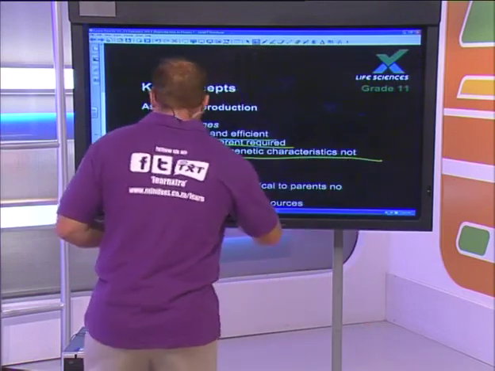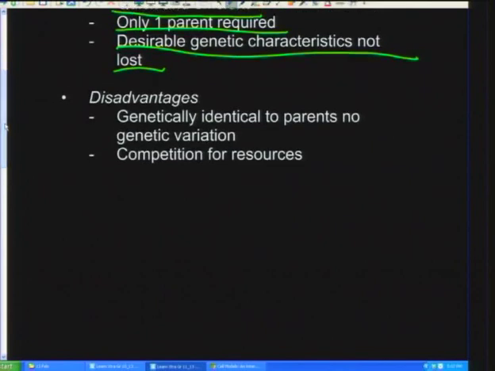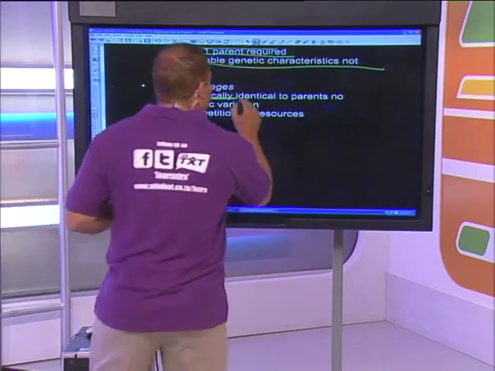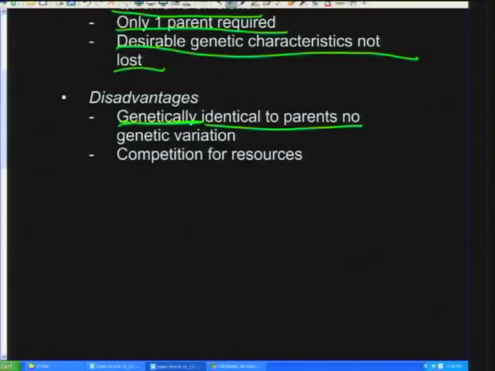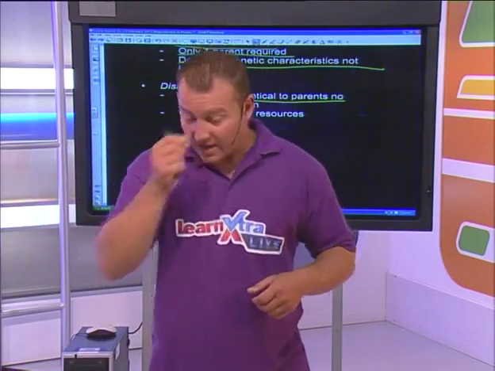Okay, cool. Now, the disadvantage, of course, is genetically, inside your DNA, you are genetically identical to your parents. There's no variation. As I said, perfect. But also, think about this.